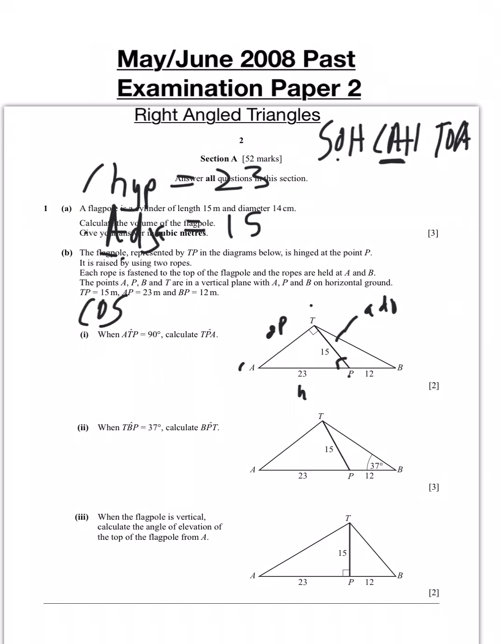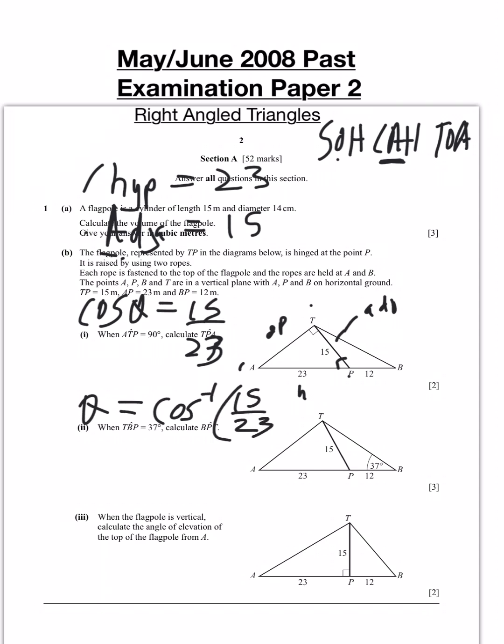Cos theta is equal to adjacent over hypotenuse, which is 15 over 23. So theta is equal to arc cos 15 over 23.